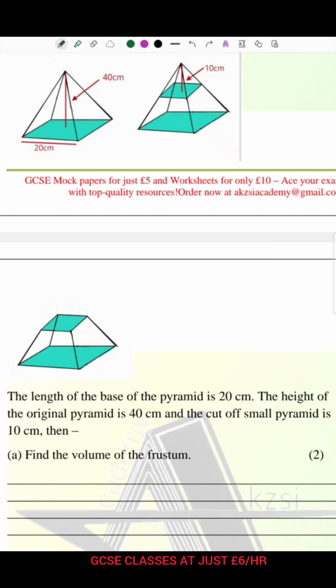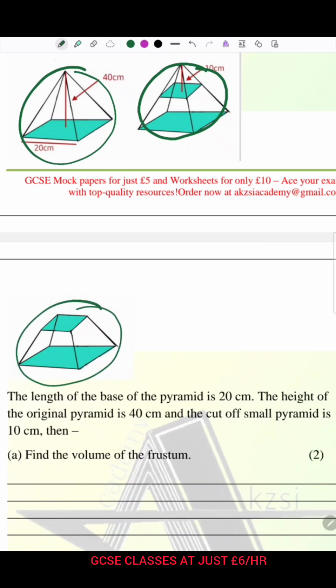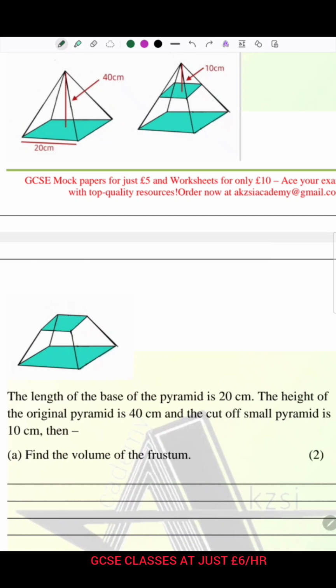See, if we want to calculate the volume of the frustum, we should know that a frustum is made up of a pyramid. This is your original pyramid. When you cut off a small pyramid out of it, the remaining portion is called the frustum. So to calculate the volume of the frustum, I just need to calculate the volume of the pyramid and subtract the volume of the small pyramid.